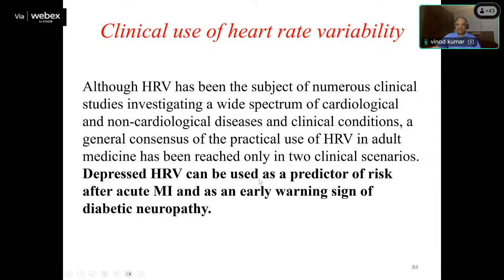Depressed HRV can be used as a predictor of risk after acute MI and as an early warning sign of diabetic neuropathy. I told you it is also used as a predictor. So the HRV value can predict risk factor in acute myocardial infarction or in case of diabetic neuropathy.